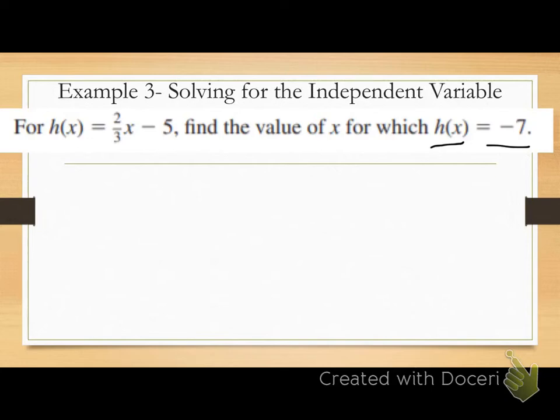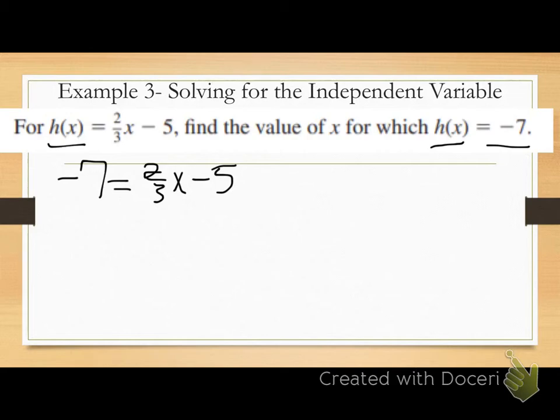So like we said right here, I'm replacing h of x with negative 7, and then what am I solving for? X. Finding the value of x when h of x is negative 7. We good there? So negative 7 equals 2/3 x minus 5, and now I just have an equation that I'm solving for x.